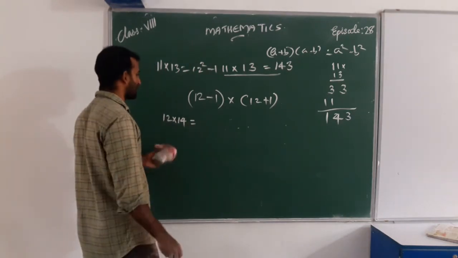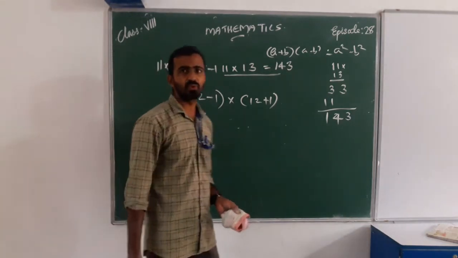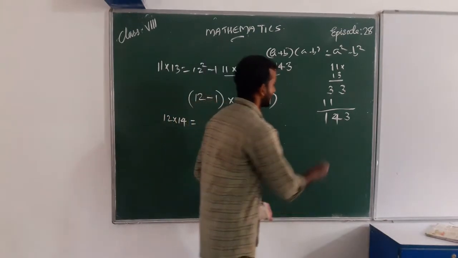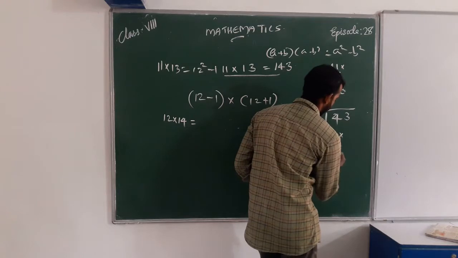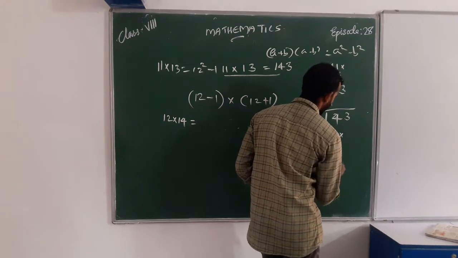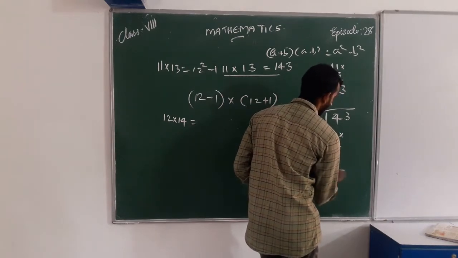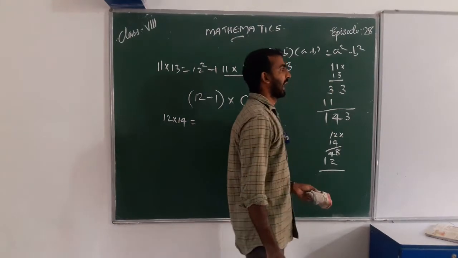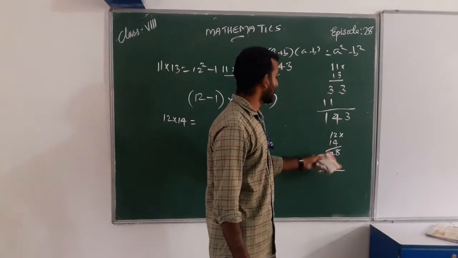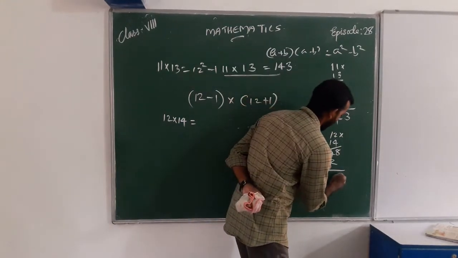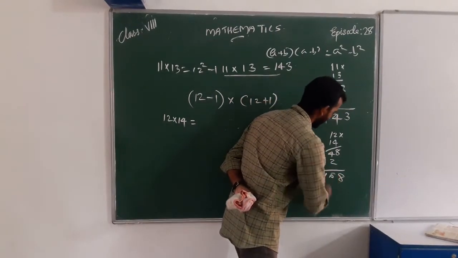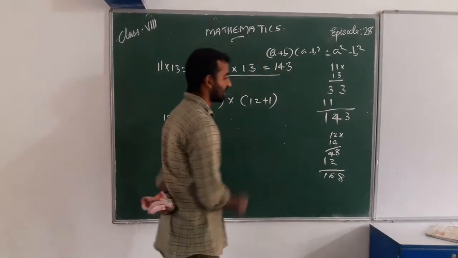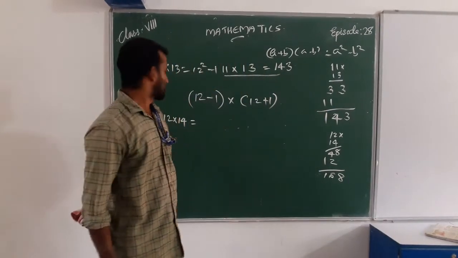What is the answer of 12 into 14? 12 into 14 equals 168.